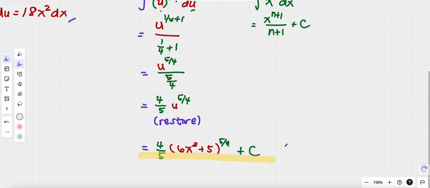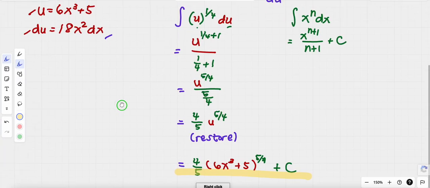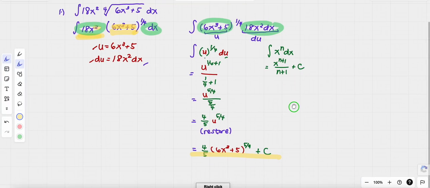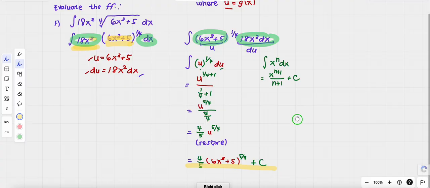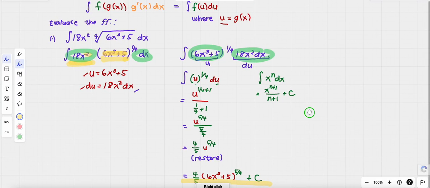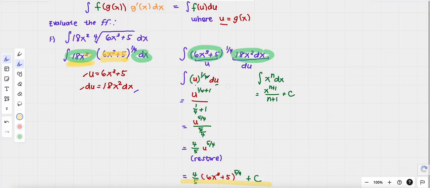So we simply assigned, or we simply substituted, simple substitution. So to evaluate this integral, we followed this technique, wherein we determine which is g of x. We determine the derivative.